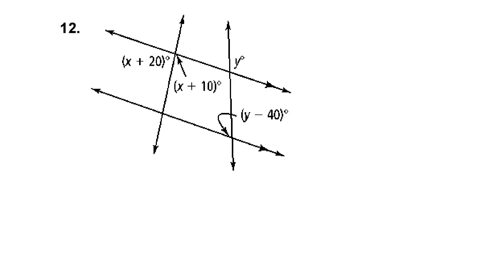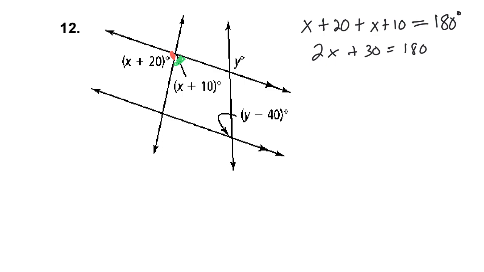We know that this angle measurement and this angle measurement are supplementary. So you're going to have x plus 20 plus x plus 10, and if they're supplementary, it equals 180 degrees. So you have 2x, x plus x is 2x, plus 30 equals 180 degrees.